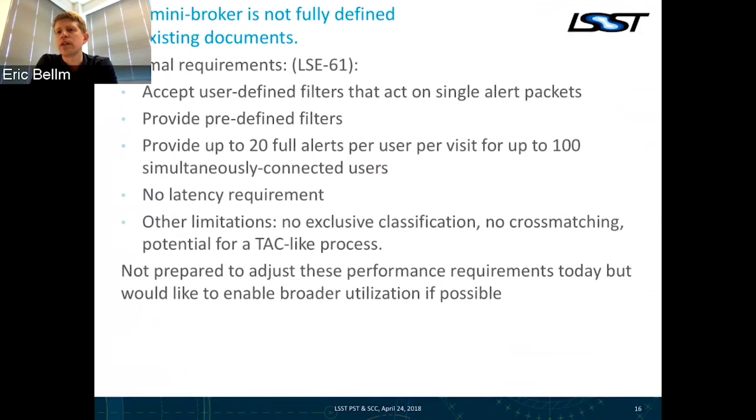So it's not that we're just slicing a random 1% out and handing it to users. It's that the full stream goes into each filter, and the filter looks at each alert packet and says yes or no, yes or no.